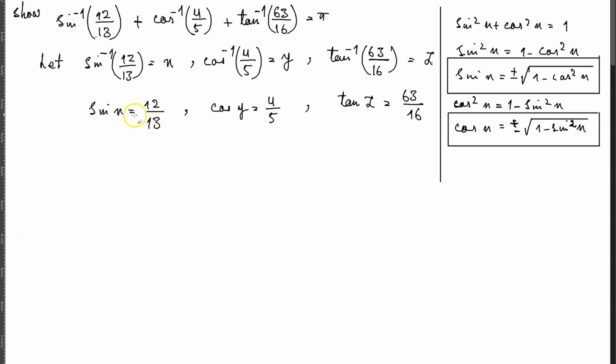If that angle is in the first quadrant, then the cos of that angle is also positive, which means that I can write cos x is equal to the square root of 1 minus sine squared x.